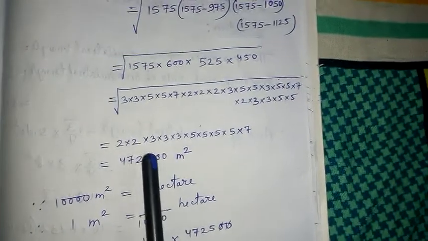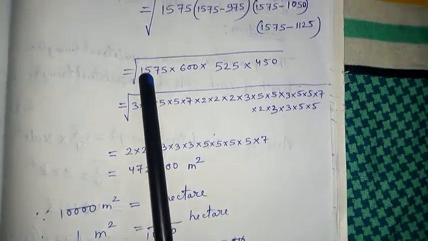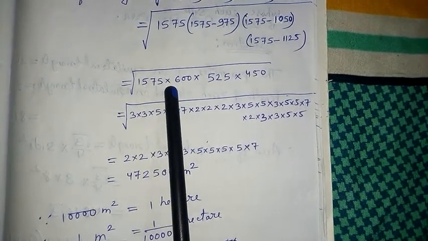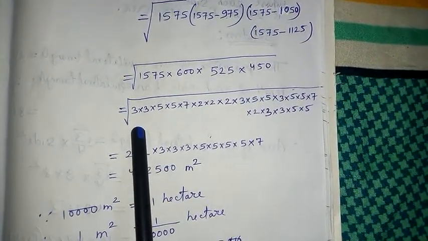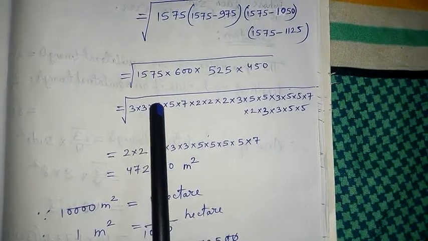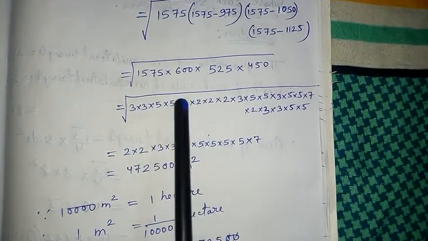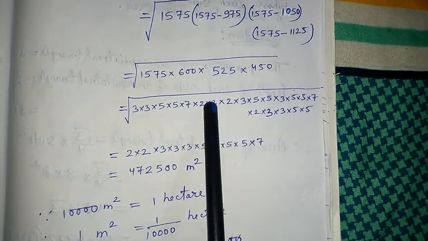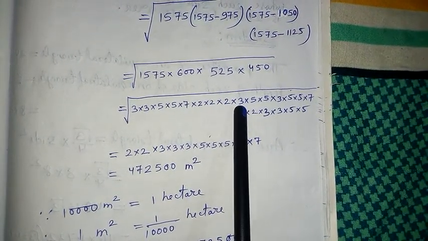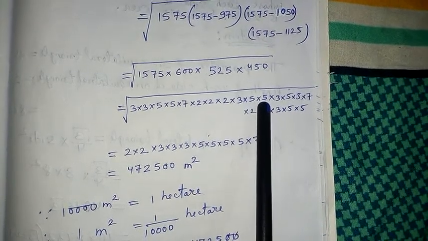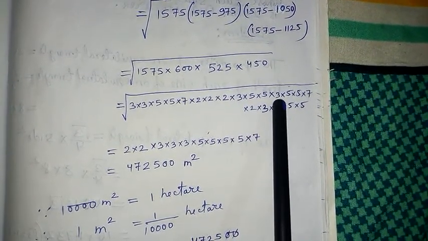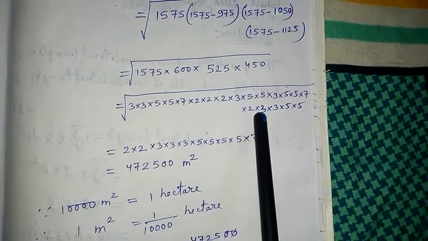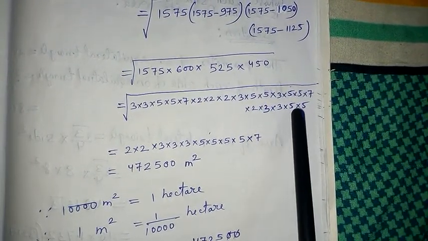Now as you all know, we need to factorize all these numbers. So in the rough you do factorization of 1575. When you factorize it, you get 3 into 3 into 5 into 5 into 7. You factorize 600, you get 2 into 2 into 2 into 3 into 5 into 5, and 525 you get 3 into 5 into 5 into 7, and 450 you get 2 into 3 into 3 into 5 into 5.